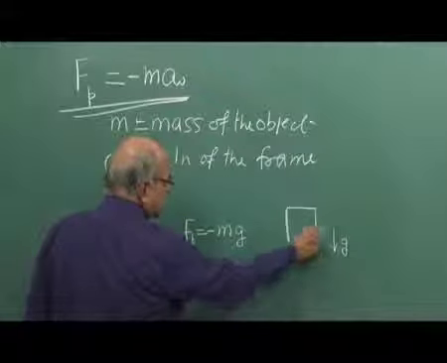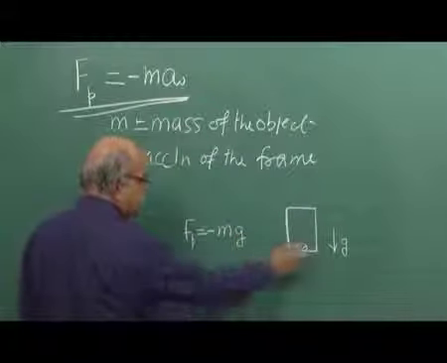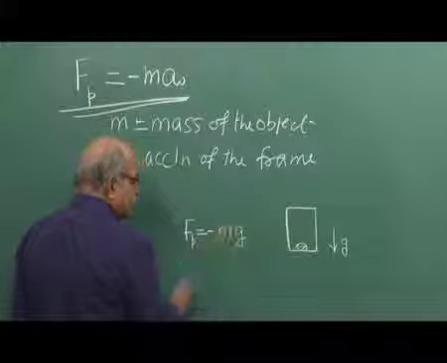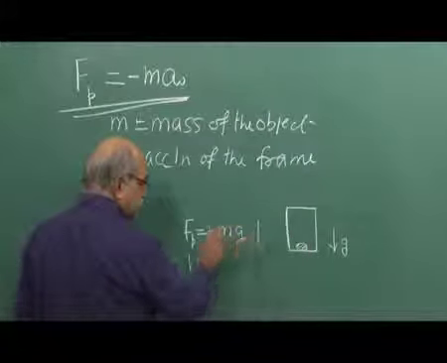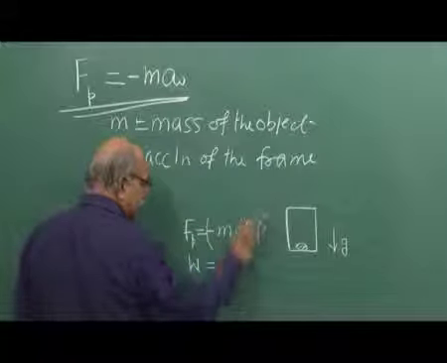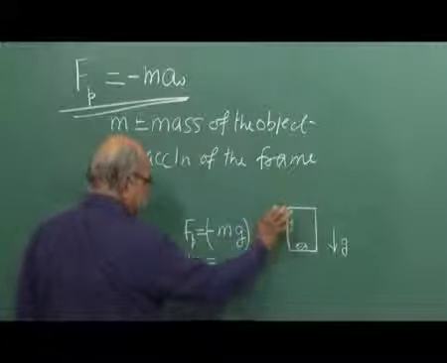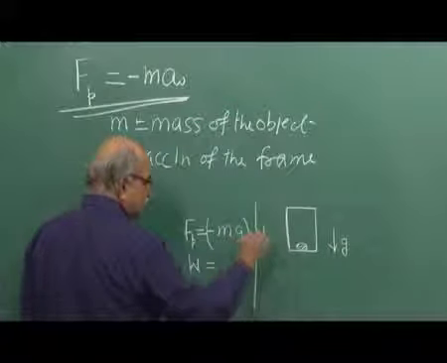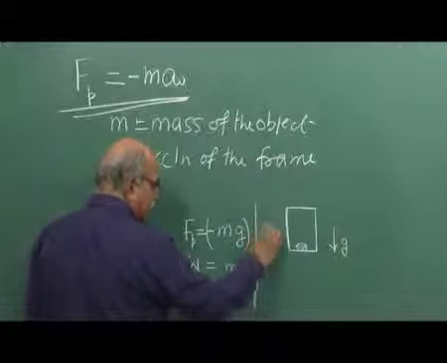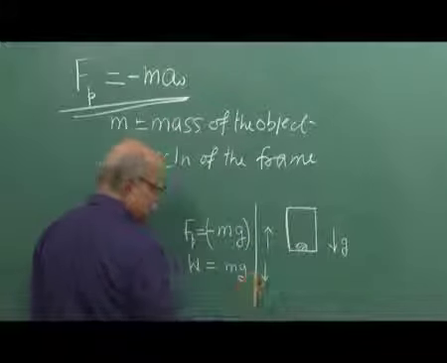So this acceleration of the frame is g and mass of the object is m. So this is it. But then you have a real force, weight, which is minus mg, and this is plus mg. So that means you have mg force which is upward, and here mg force which is downward.